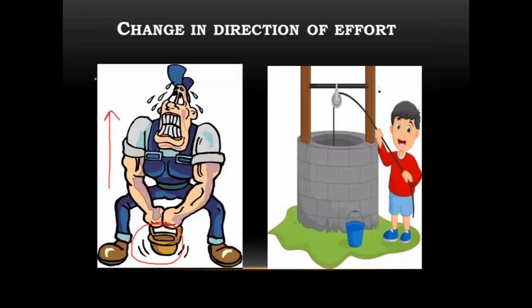But it is always easy to pull something downwards. So you are changing the direction of the effort with the help of a fixed pulley. So though the mechanical advantage is 1, it is helping us in changing the direction of the effort, so it makes our work easy. So this is all about the single fixed pulley.